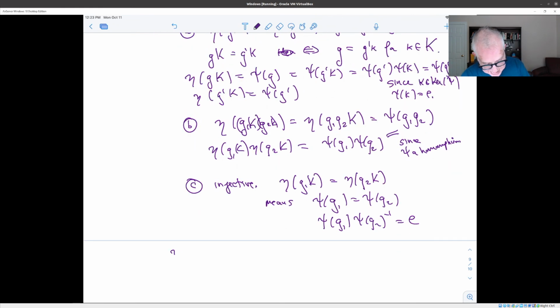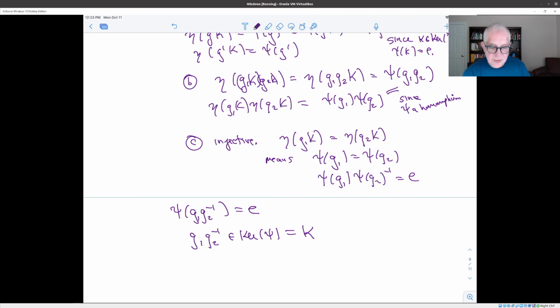And that means that psi of g1 g2 inverse is equal to the identity. And that means that g1 g2 inverse is in the kernel of psi, which by definition is K. But if g1 g2 inverse is in K, that implies, by that same proposition about cosets, that g1K equals g2K. So if eta of g1K equals eta of g2K, then g1K equals g2K, and so the map is injective.